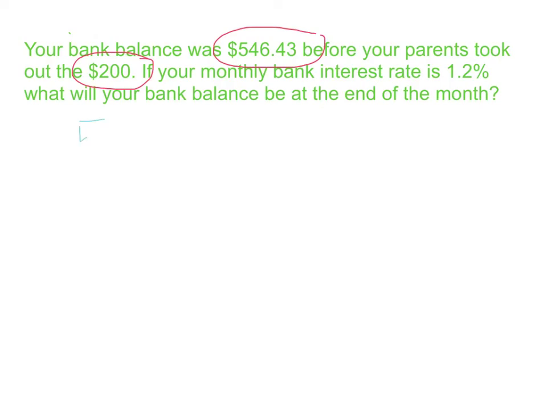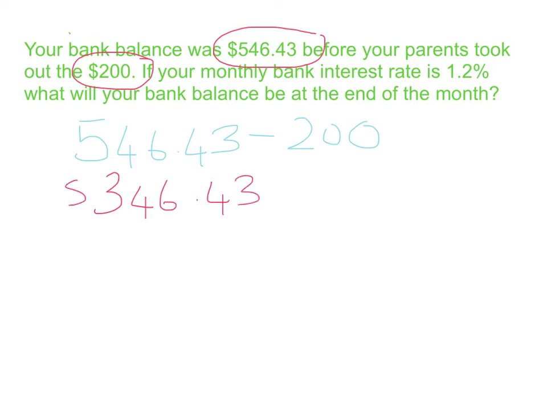So if I had $546.43 in my account and my parents took out $200, that means my new amount in my bank account is going to be $346.43. This is my new bank account amount.